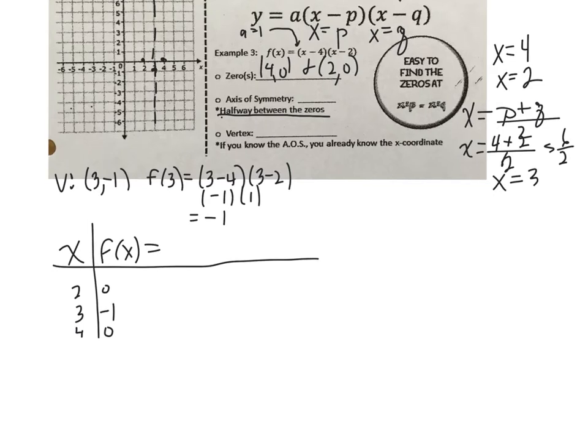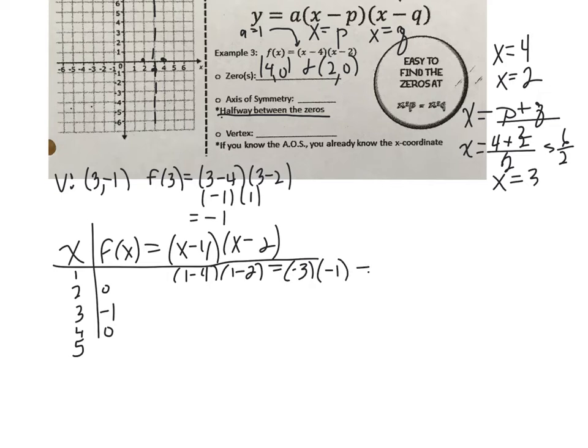So now I'm going to go 2 units away from my vertex, which is going to be positive 1 and positive 5. I'm going to plug into my equation of f of x equals (x minus 4) times (x minus 2), and find a couple more y values. So when I plug 1 in, 1 minus 4 times 1 minus 2 equals, I'm just doing this work, 1 minus 4 is negative 3, times 1 minus 2 is negative 1.